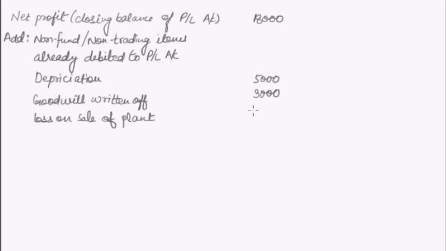So any loss because of the sale of the plant needs to be added back to the net profit, and any profit because of the sale of the plant should be deducted from the net profit in order to calculate the fund from operation. So this is 2,000.